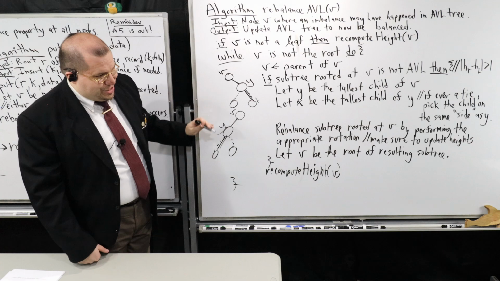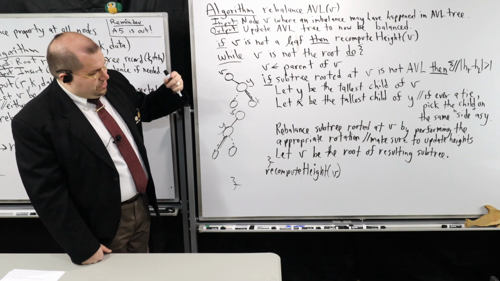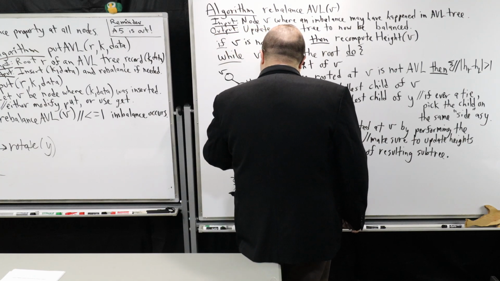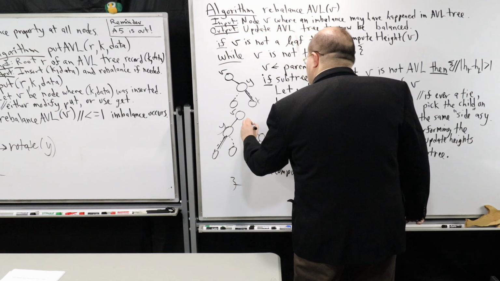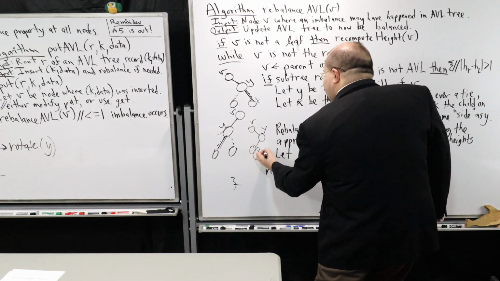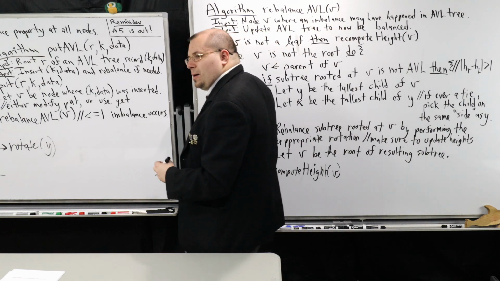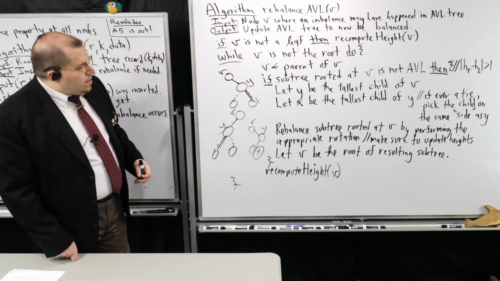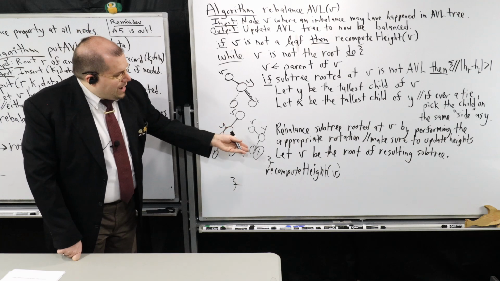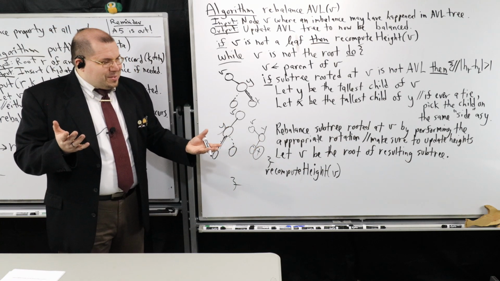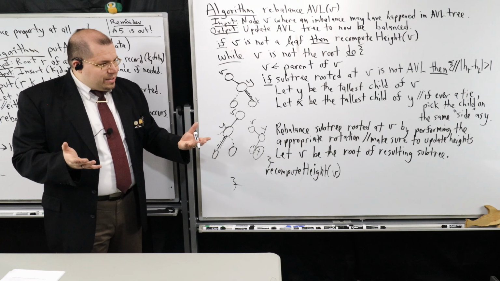Likewise, if a double rotation happens, say for example, I have a double rotation like this, like say it's v, y, and x. You know x is going to end up being the root of this subtree, right? Because it just does two rotate operations. So in this case, you would just return x.